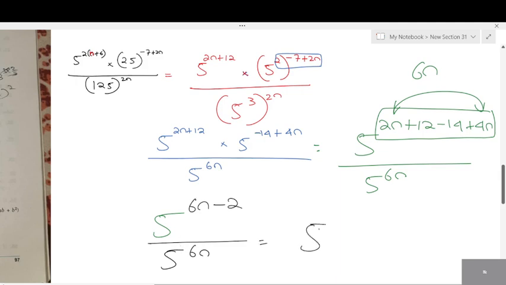Can you tell me quotient law? I'll take 6n minus 2, minus 6n. So what is 6n minus 6n? What is left? Is it positive or negative? So what's the final answer? Not 5. 1 by 5 is 20.